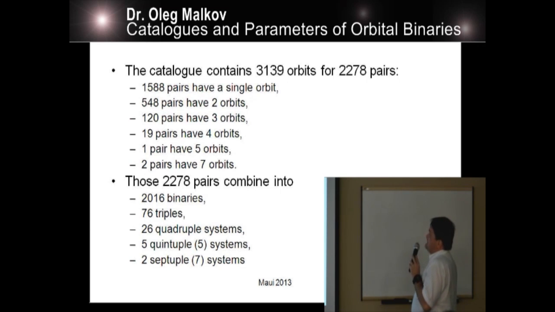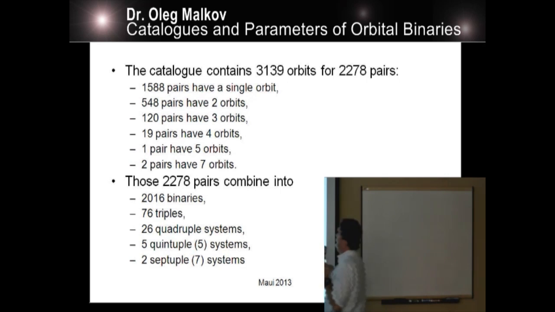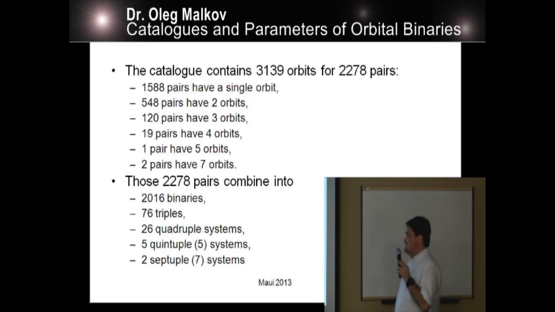Some statistics of the resulting list. This list contains some 3,000 orbits for 2,000 to 2,500 pairs, and 1,500 pairs have only one orbit, while other pairs have more than one orbit. Among these, 2,200 pairs, 2,000 binaries, and some number of systems of high multiplicity.